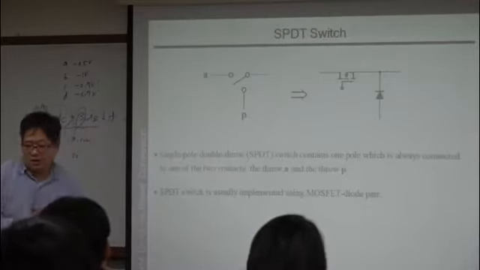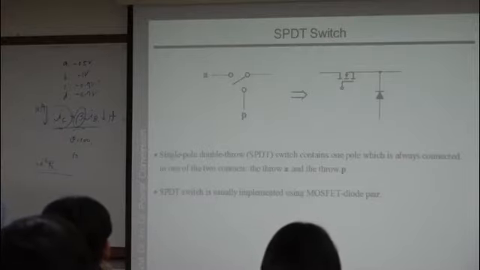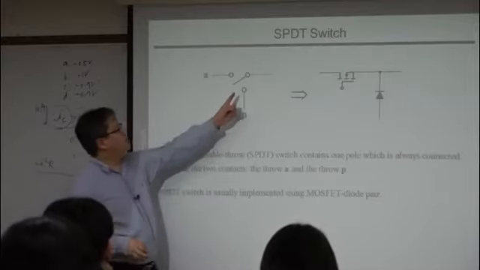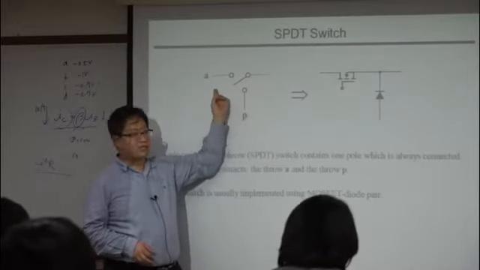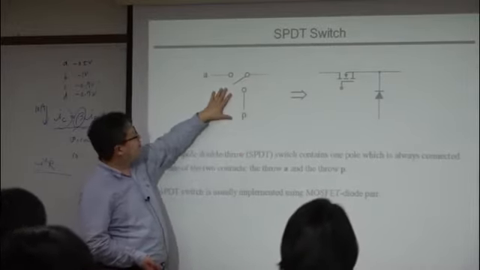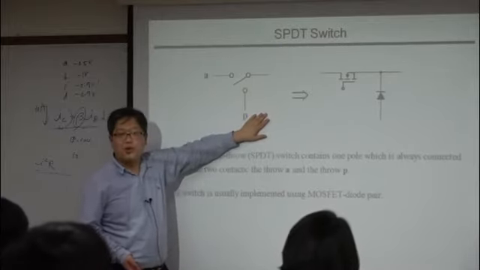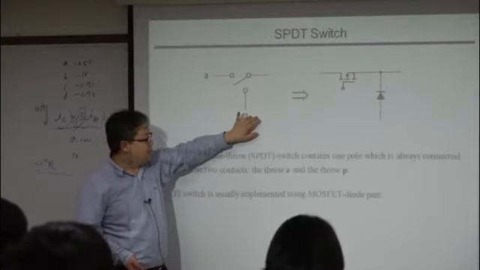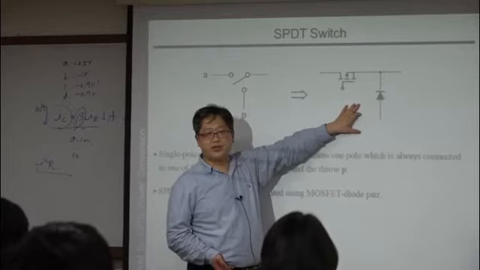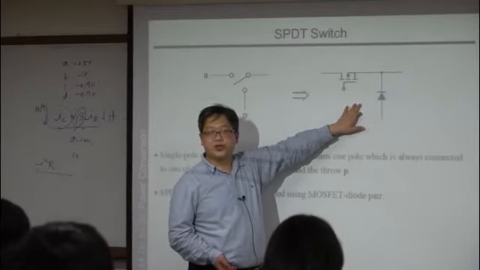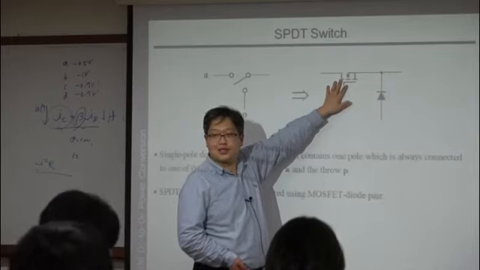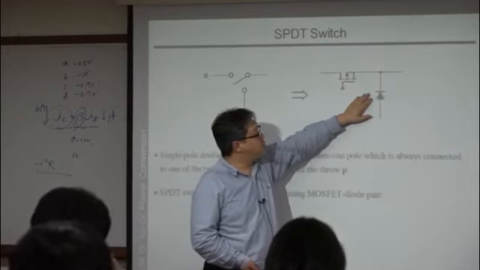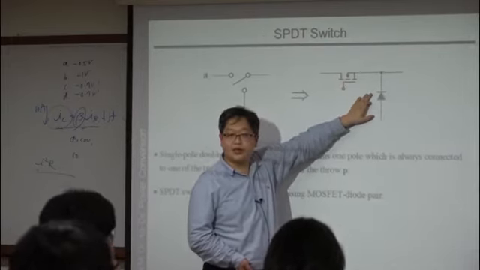Let's define the term SPDT, single pole double throw switch. This is just a symbol of the SPDT switch, and this is a practical implementation. You can use a MOSFET or an active switch like the IGBT, and you can use a passive switch like a diode.